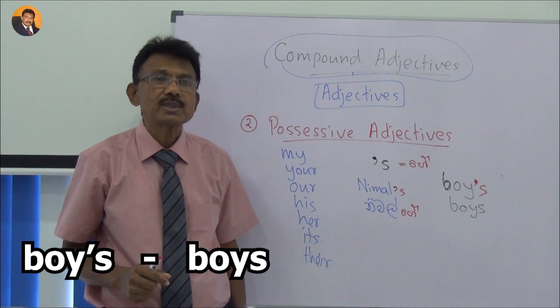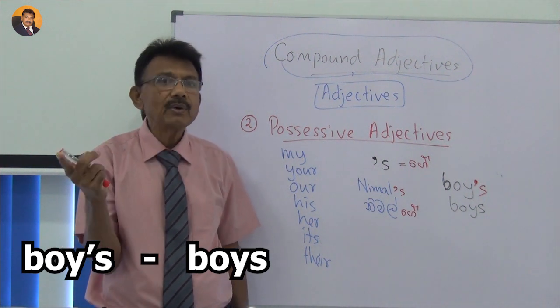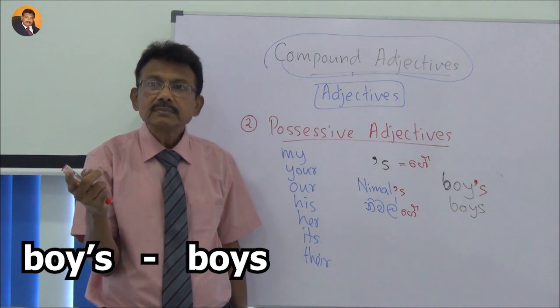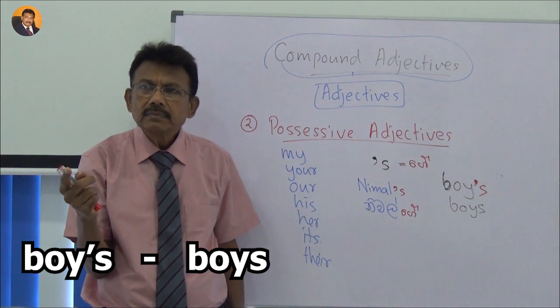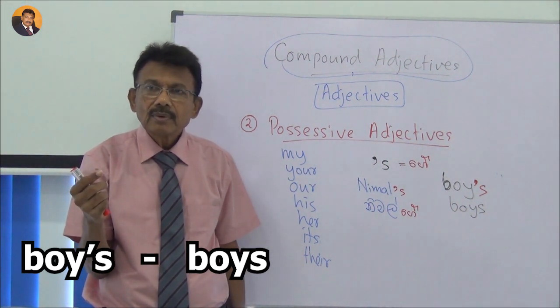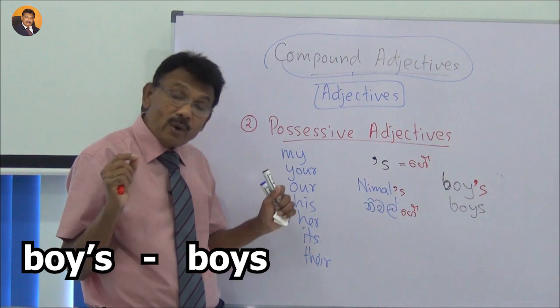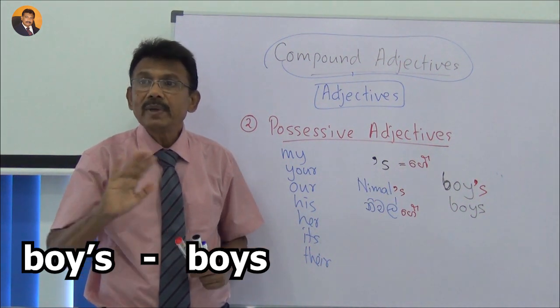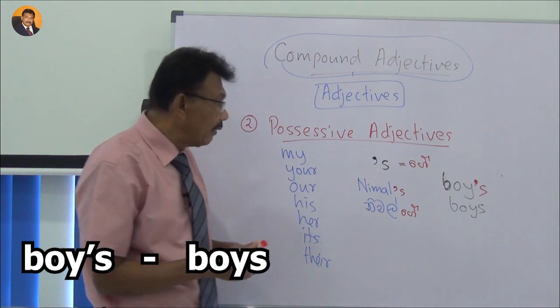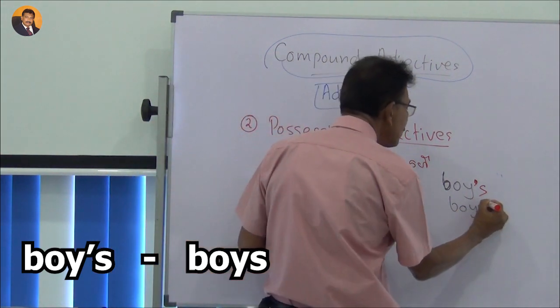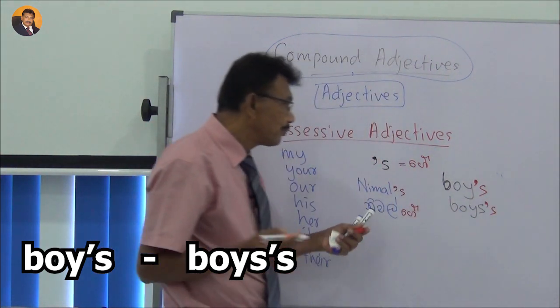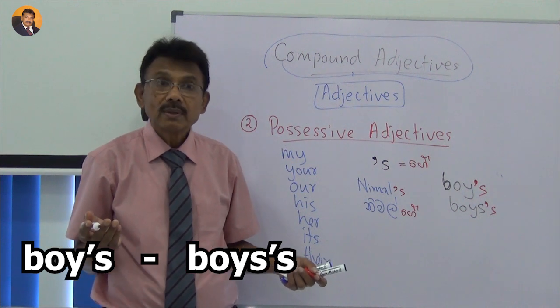How do you show the possession? Does anybody know? Yes, good. We only use the apostrophe. We can't use apostrophe s. Now if we use apostrophe s, it is difficult to pronounce.